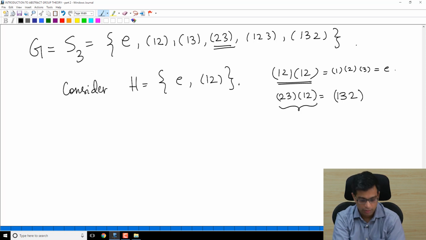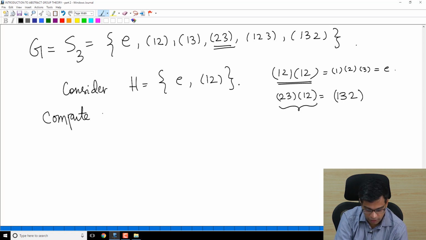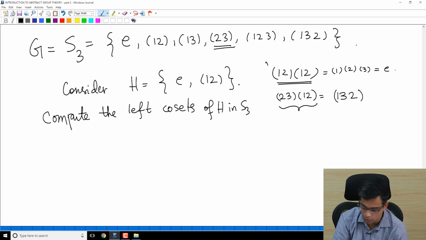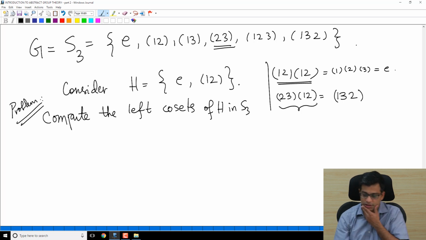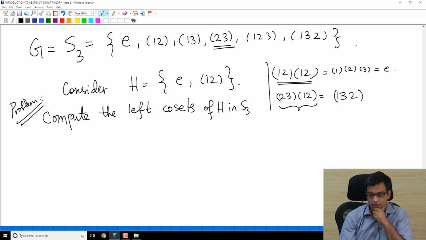Now let's come back and calculate the left cosets of H in S3. So this is the problem. Compute the left cosets of H in S3. What are the left cosets? Remember, left cosets are elements of G multiplied by H, with the element on the left hand side.